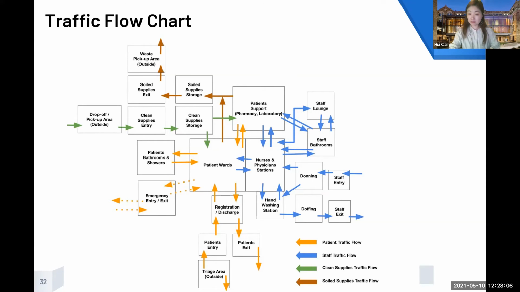And there was actually a series of articles and research published by a group of scholars from Georgia Tech that have summarized the key design characteristics that can support safe delivery of care to protect healthcare professionals during those scenarios.